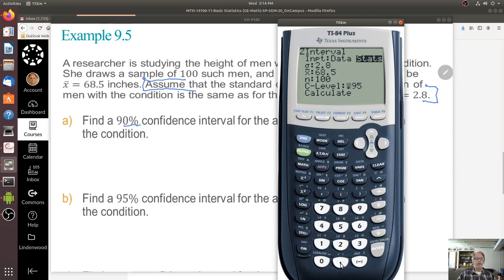I only want to be 90% confident in this example. So I go down here and press calculate. And I get 68.039. There's the center of the interval, 68.5, and the other end of the interval is 68.961.